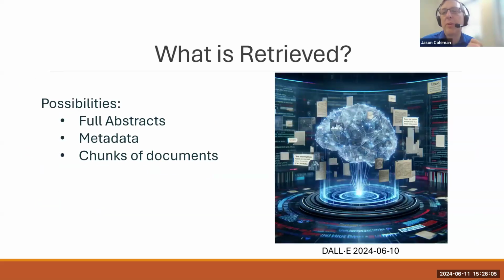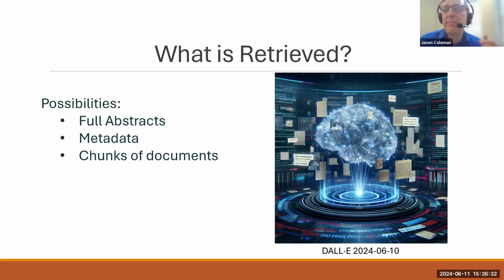What is retrieved? What's being pulled from these sources? It varies a lot. And in some cases, some of the tools aren't very transparent about what they're doing. But full abstracts is what a lot of them are doing, like Elicit and SciSpace, for articles at least. Metadata is being used by these systems, and chunks of documents.